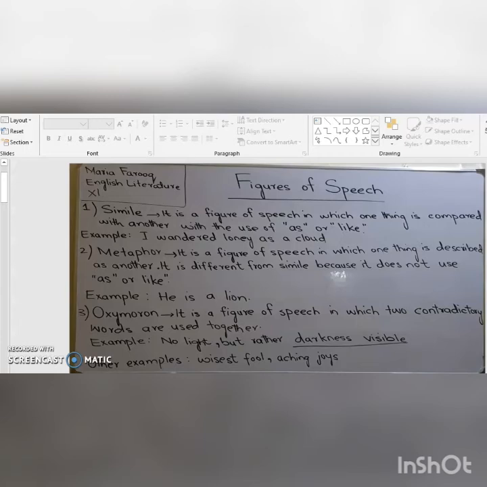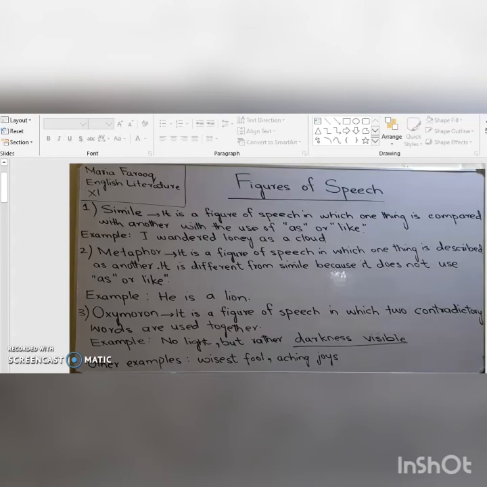It is different from simile because it does not use as or like. So, simile and metaphor, they both are comparisons, but there is a difference between them. In simile, we use words like as or like, but in metaphor, we don't use as or like. This is the difference.